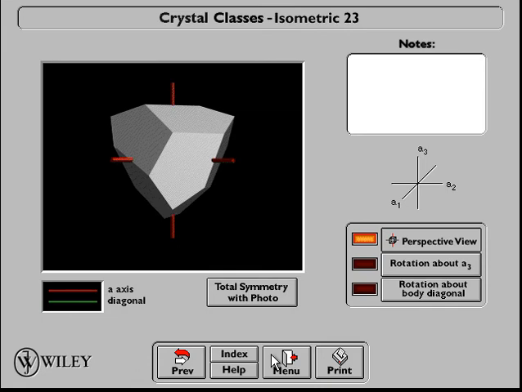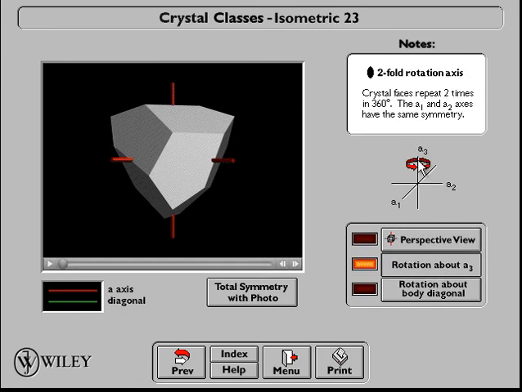So we can now have a rotation about A3. That is the A3 axis, and it has a twofold rotation. Crystal faces repeat 2 times in 360 degrees. The A1 and A2 axes have the same symmetry.